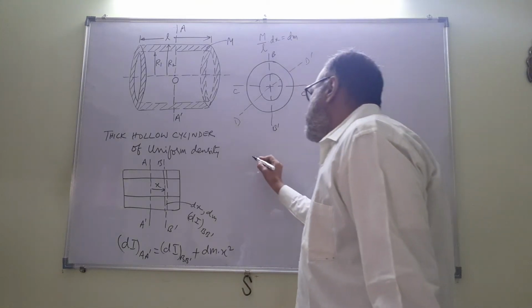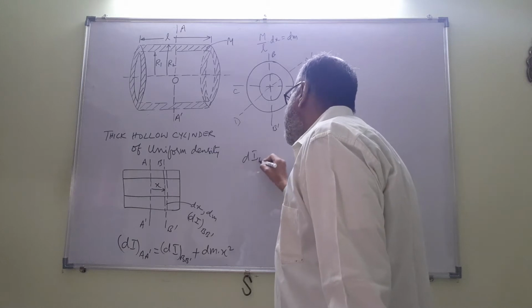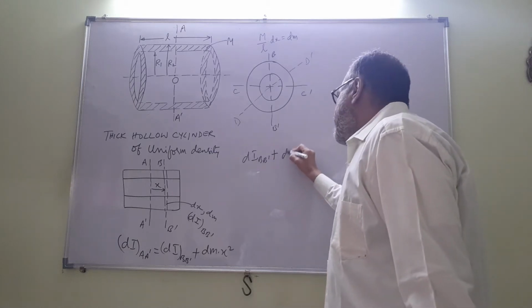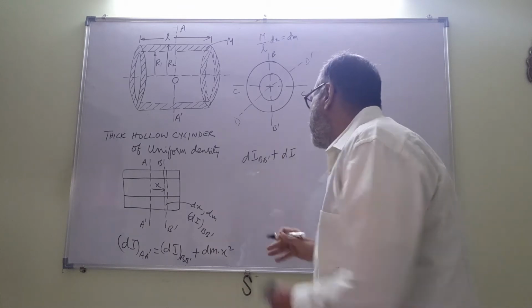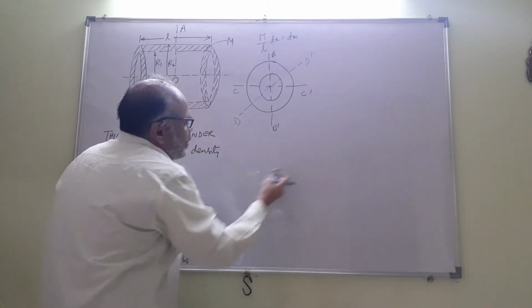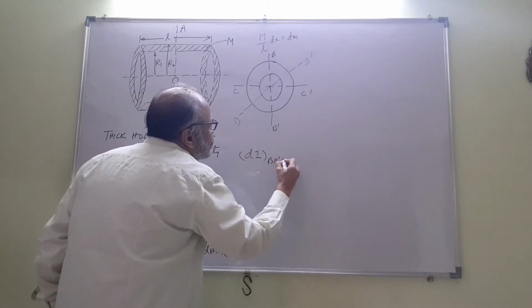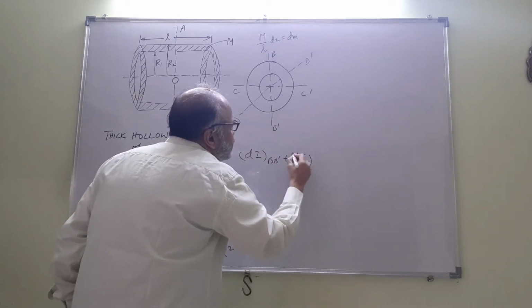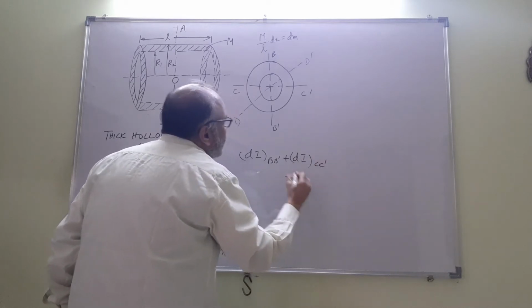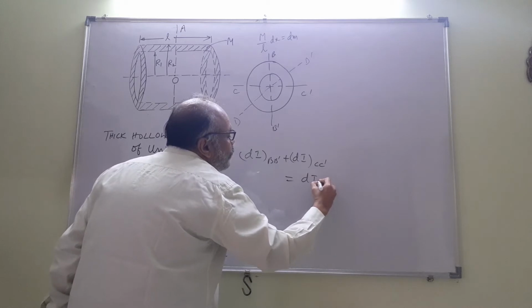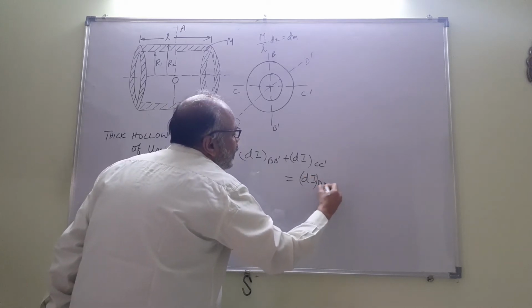So from the perpendicular axis theorem, dI BB dash plus dI CC dash will be equal to the moment of inertia about DD dash.